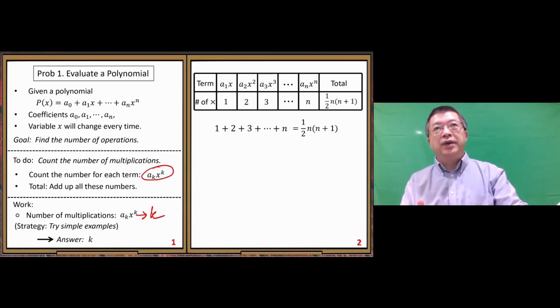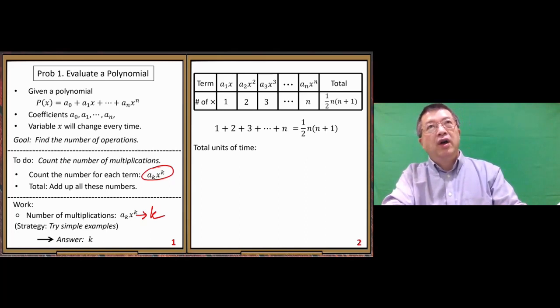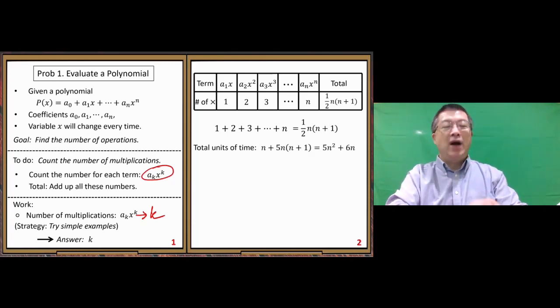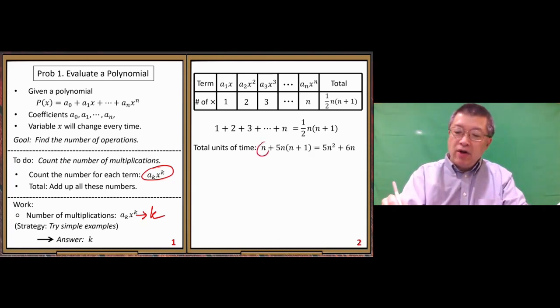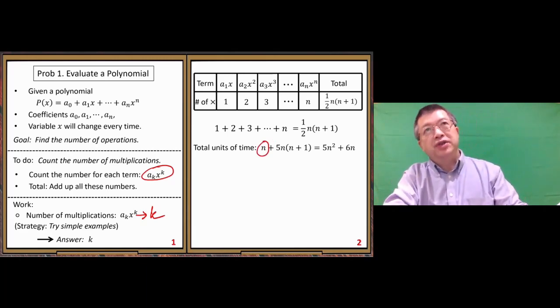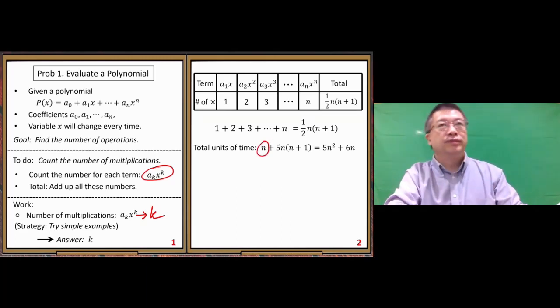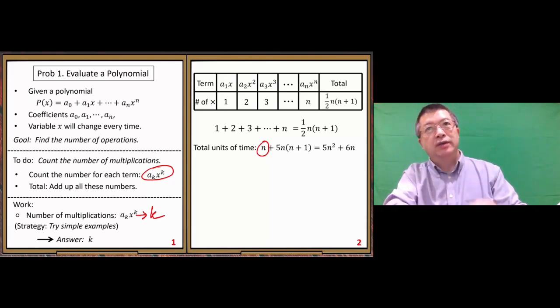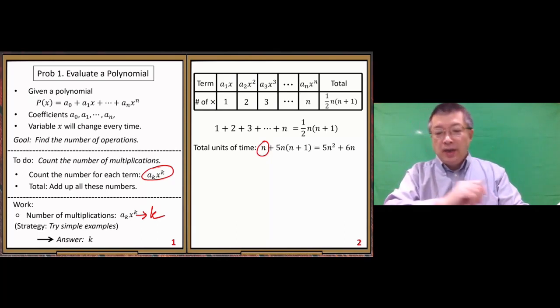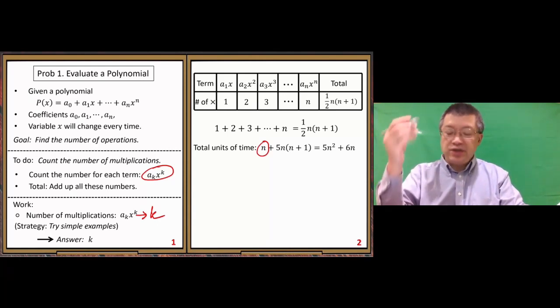Now we are ready to calculate the total number of units for this polynomial evaluation. It's this number. Why? For addition, n units, which we calculated in the previous video.